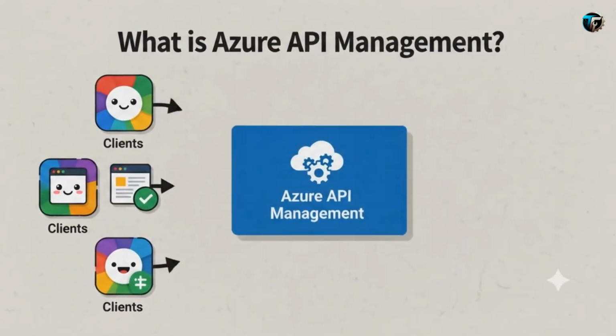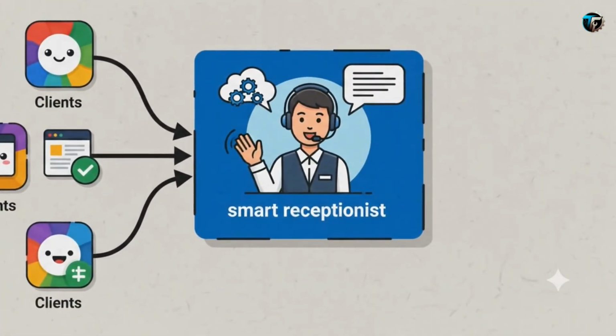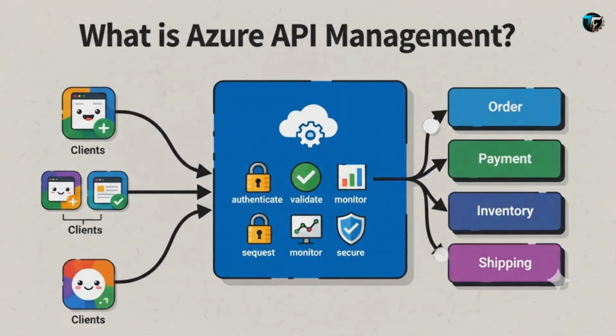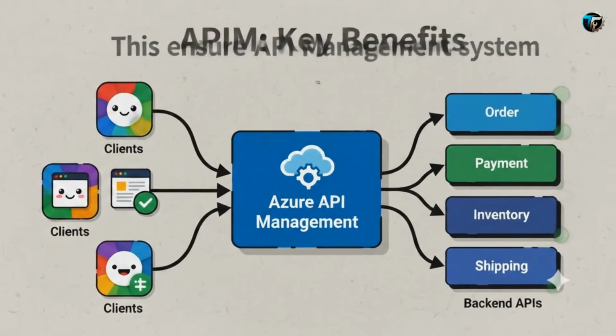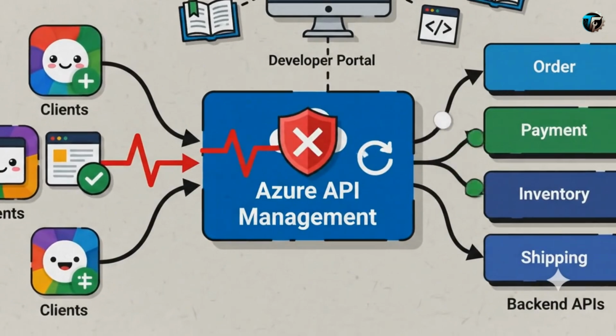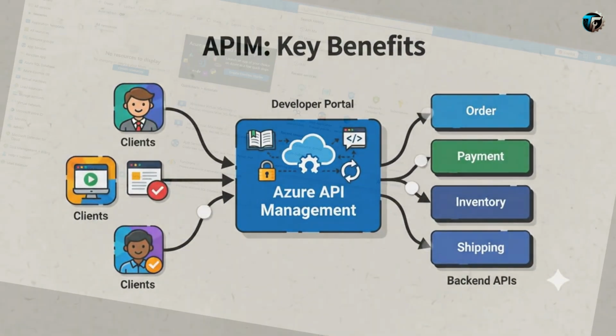Azure API Management, or APIM, is a fully managed service that sits between your clients and backend APIs. Think of it as a smart receptionist. Every API request passes through APIM first. It authenticates, validates, monitors, secures, and routes requests before they reach your backend.